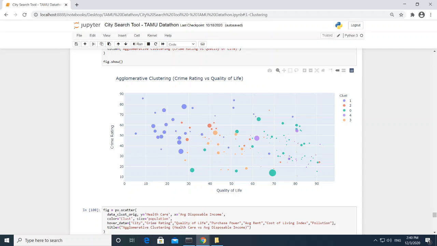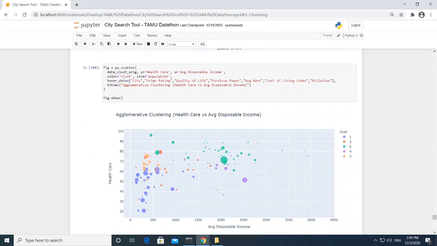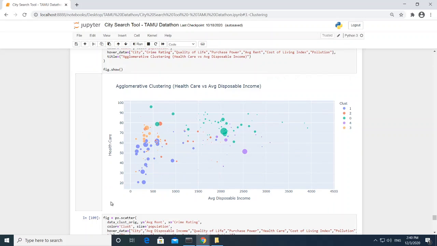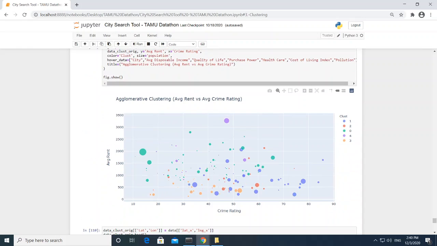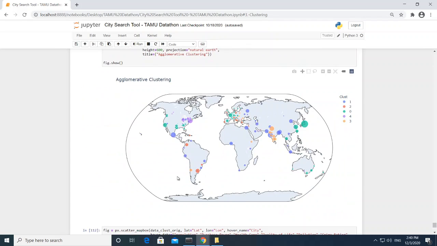So again, we found very useful clusters here for crime rate and quality of life. Again, the pattern is very similar to the K-means one. And this is just the healthcare and disposable income here. We can see a clear trend here. We did that again for other features, and then we decided again to plot this on a map just to observe if there was any relationship.